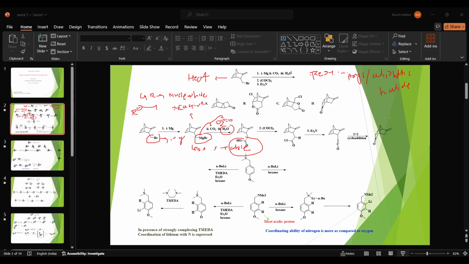Then you will get the synthesis of this four-membered cyclobutane ring, which will be fused with our bicyclic ring.